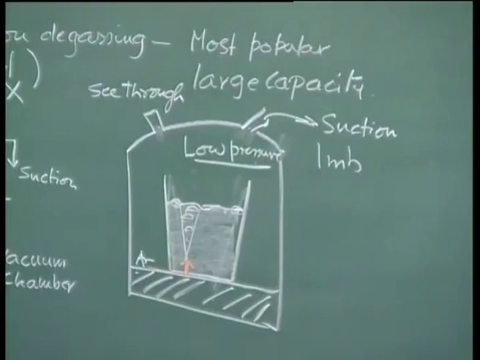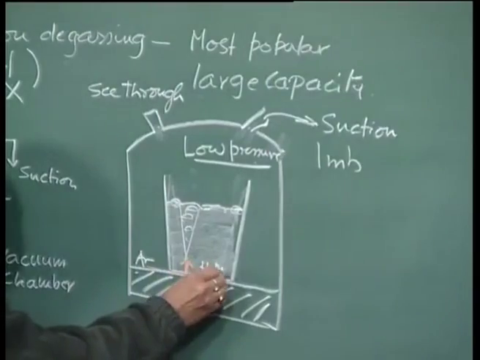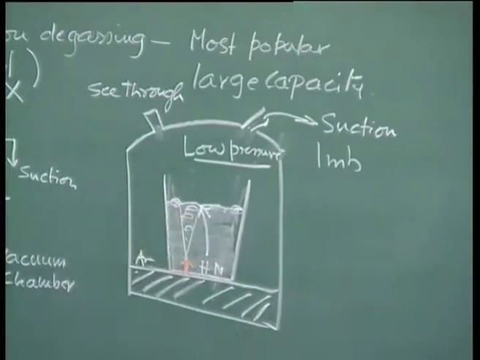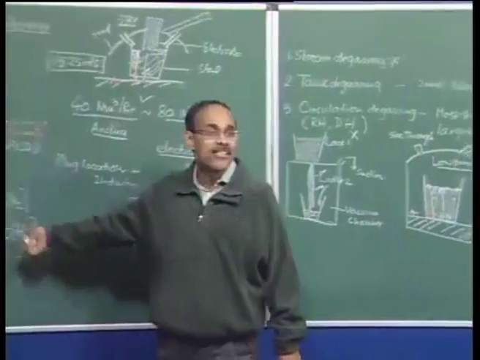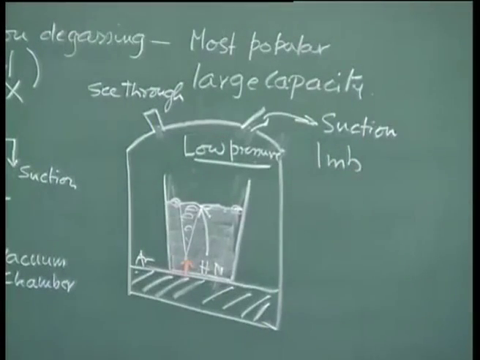Also we must understand that the hydrogen or nitrogen which is sitting here has to move to the free surface, and then only can the interfacial chemical reactions take place at the gas or ambient metal interface.